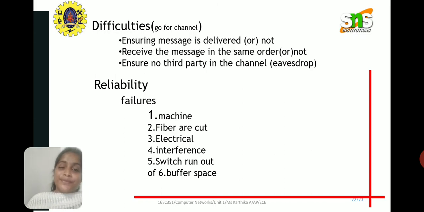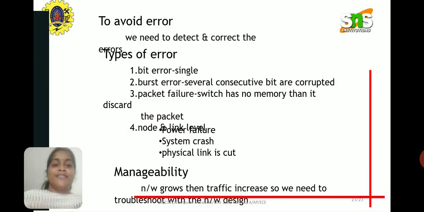In reliability, we have some failures: machine failure, fiber cut, electrical and mechanical interferences, the switch running out of memory, or buffer space not being enough for communication. Like that, we have some failures in reliability.